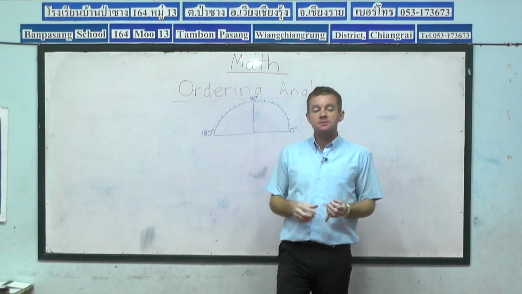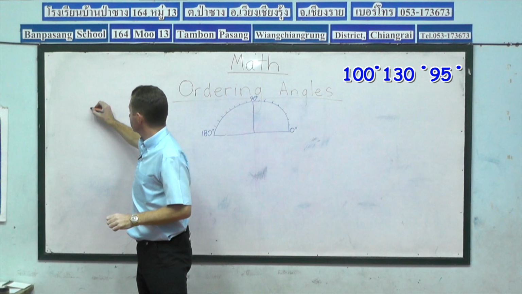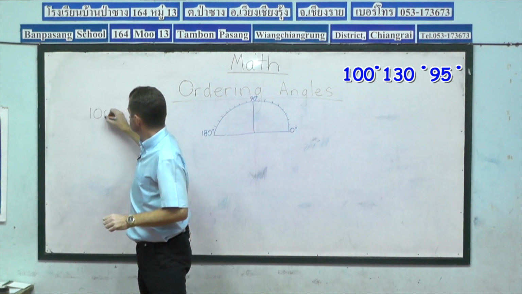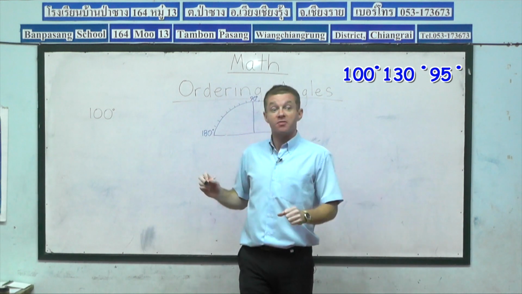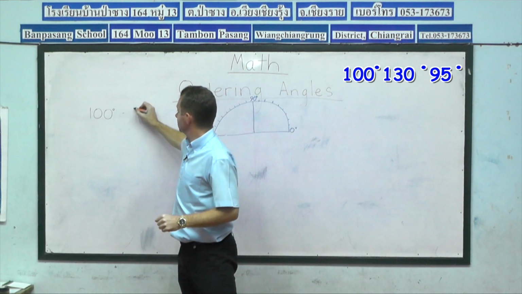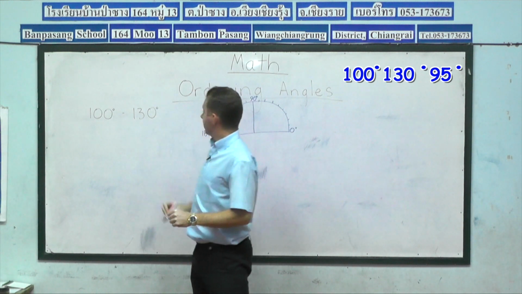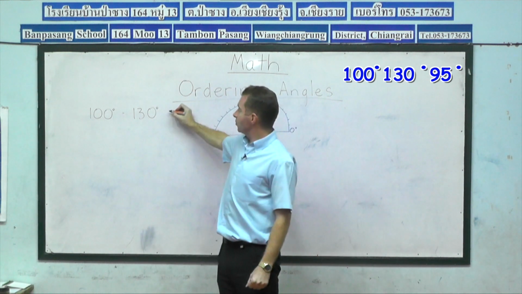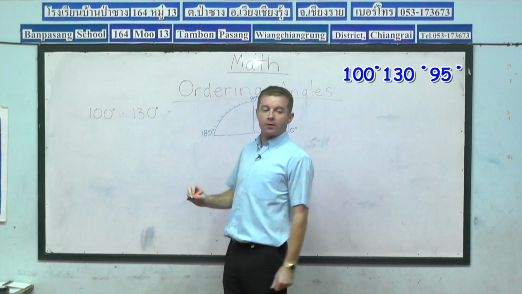Obtuse angles. 100, okay, that's a good start, 100 degrees. 130 degrees, okay? And then, to finish, 170 degrees. How about one in the middle?